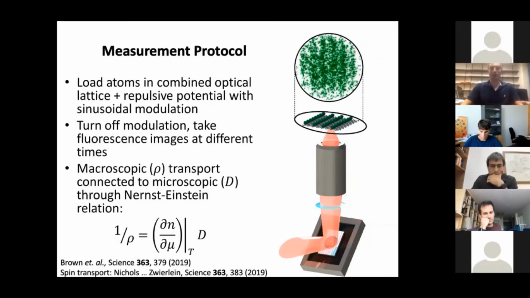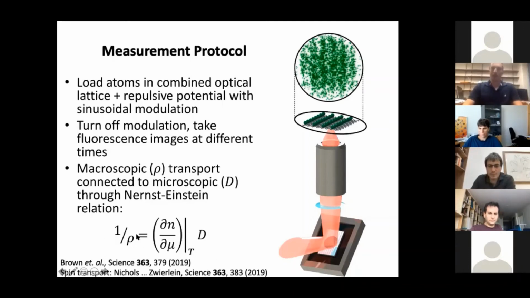and I want to tell you what the protocol we developed for measuring the resistivity is. So rather than trying to measure the resistivity directly in these systems, we're going to connect it to a more microscopic quantity, which is the diffusivity. There's this famous Nernst-Einstein relationship in condensed matter, which connects the two quantities.